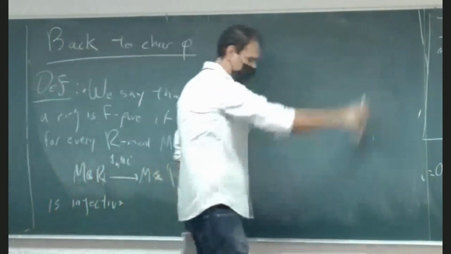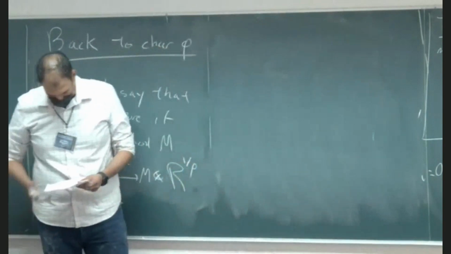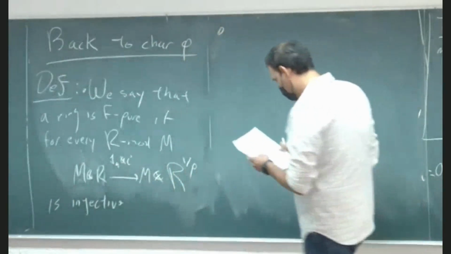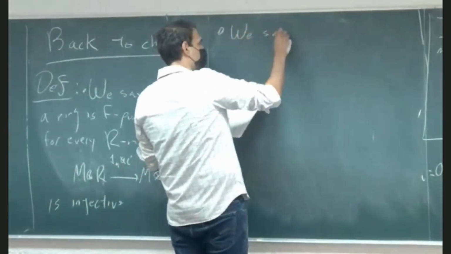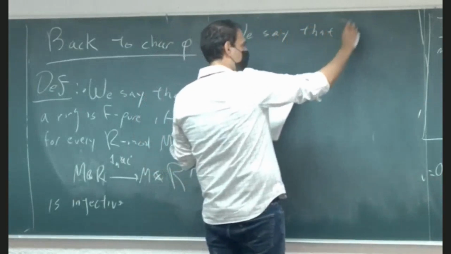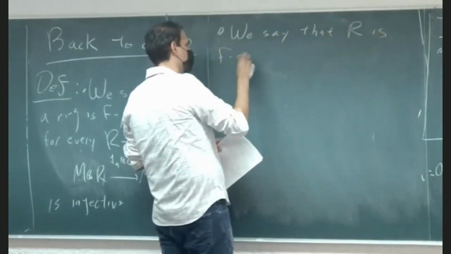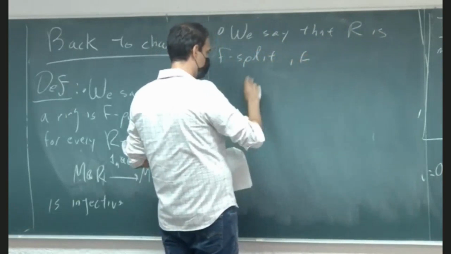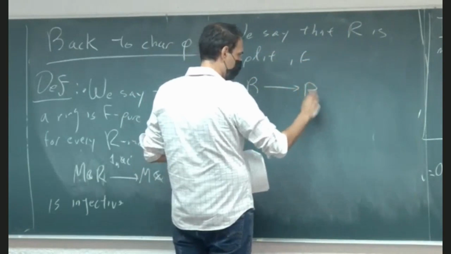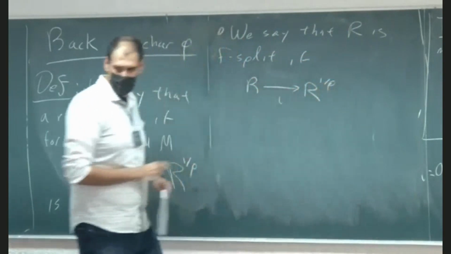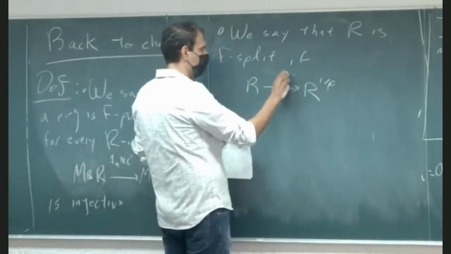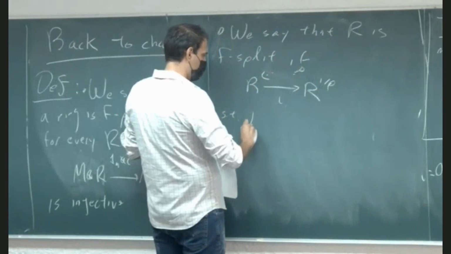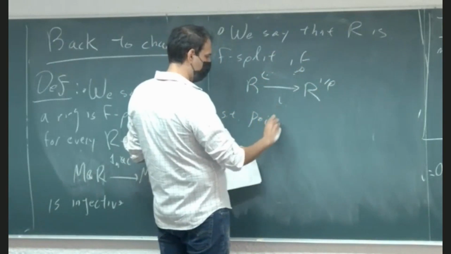Okay. That is the first type of singularity. The second one: we say that R is F-split if the inclusion that we have splits, so that means that there is a map rho such that rho composed with the inclusion is equal to the identity.